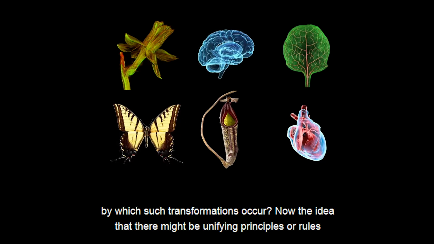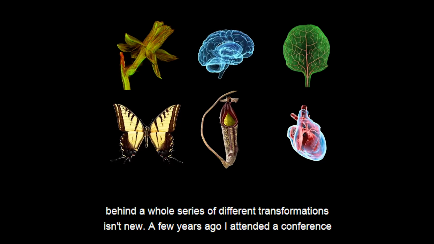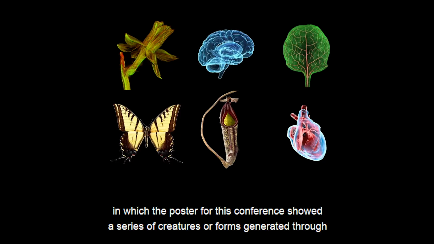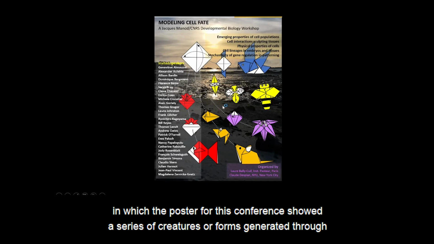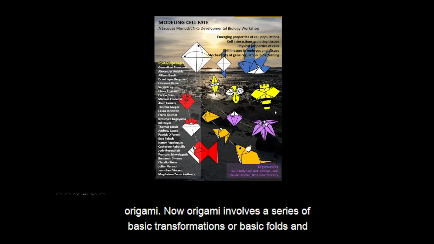Now, the idea that there might be unifying principles or rules behind a whole series of different transformations isn't new. A few years ago, I attended a conference in which the poster showed a series of creatures or forms generated through origami.